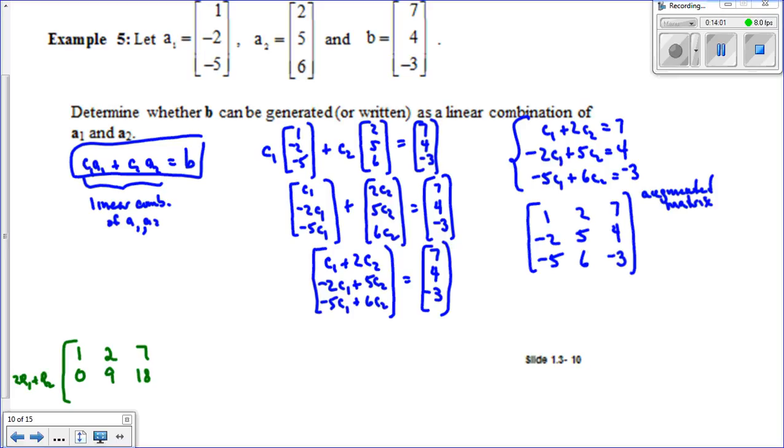And then I'm going to take 5 times row 1, added to row 3. So 5 times 1 added to negative 5 is 0. 5 times 2 is 10, added to 6 is 16. 5 times 7 is 35, added to negative 3 is 32.